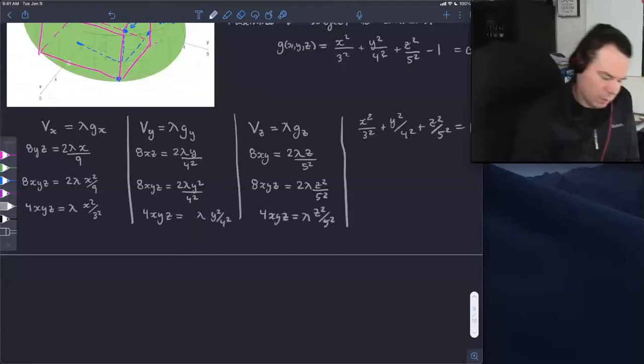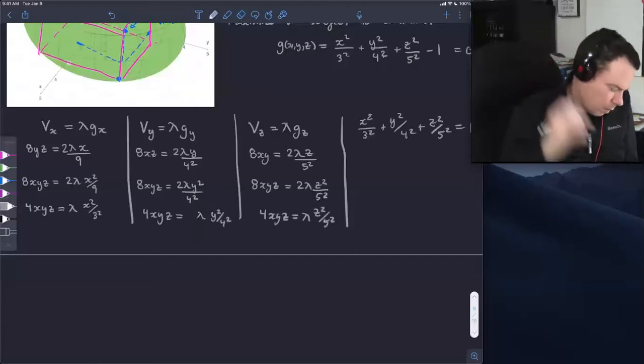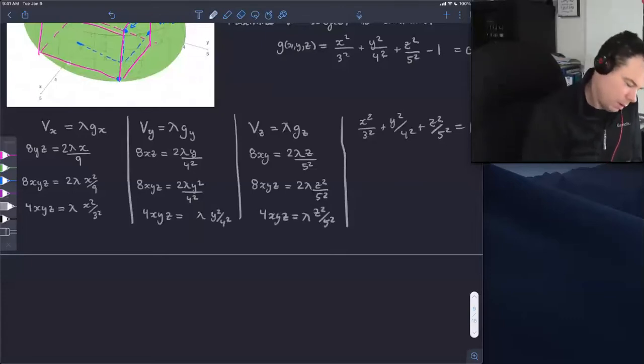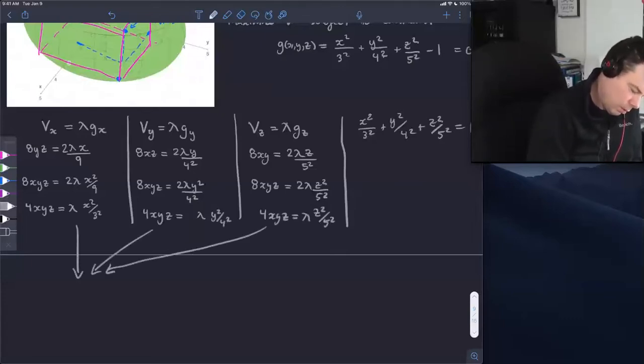And now here is where we notice that I've got an x squared over 3 squared, y squared over 4 squared, z squared over 5 squared on the right-hand side. All the left-hand sides are equal to each other. So if I sum the three equations, I'm just going to add them all together.